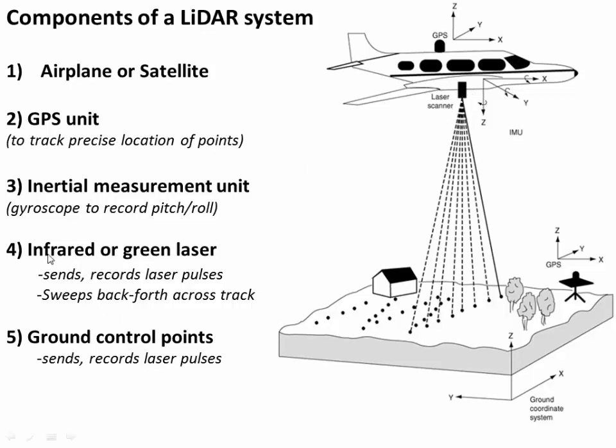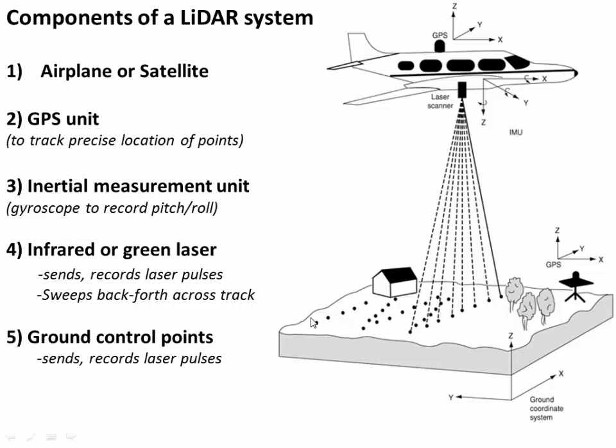Commonly this would be an infrared laser, a 1064 nanometer, but also green lasers are used, which are more effective at penetrating water. And so the basic pattern of data collection is this. Laser pulses are being pulsed at an incredible rate, thousands per second, and the laser is basically sweeping back and forth as the plane is flying forward.